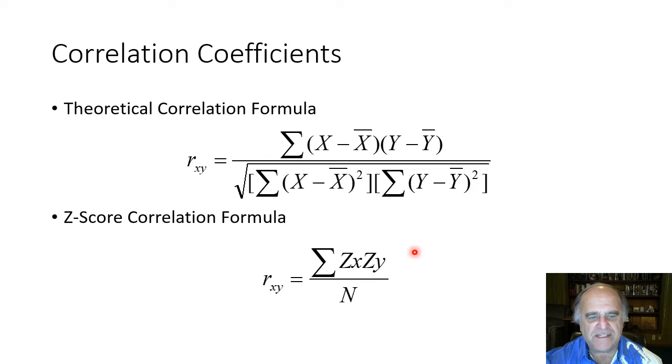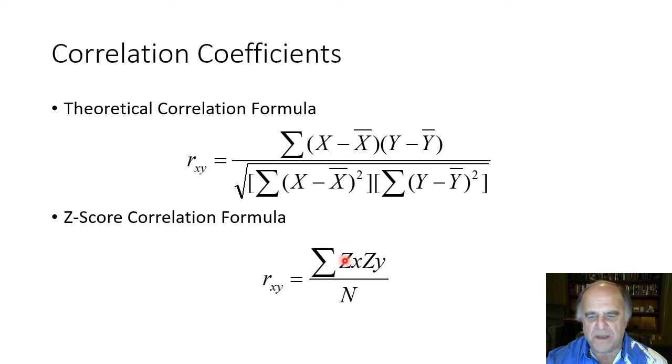And there is a z-score correlation formula that's given right here. If you look at the z-score formula, you can see that the correlation between x and y, so we write r as the symbol for the correlation between x and y, is equal to the sum, and we're summing across individuals or participants or cases or subjects. So we're summing across people.